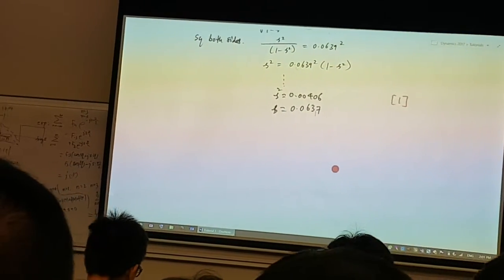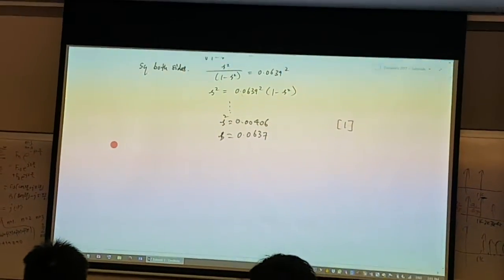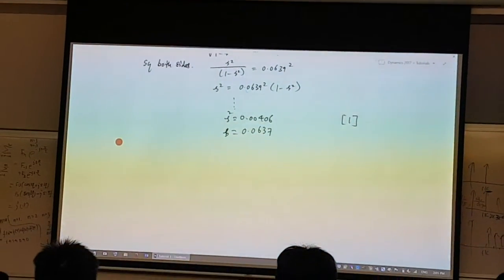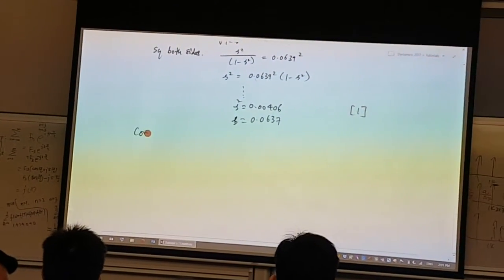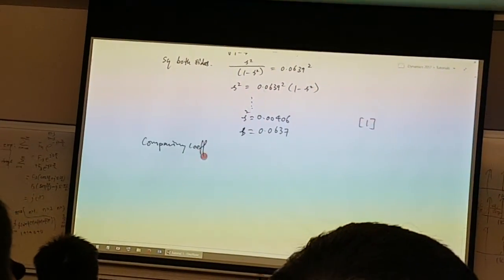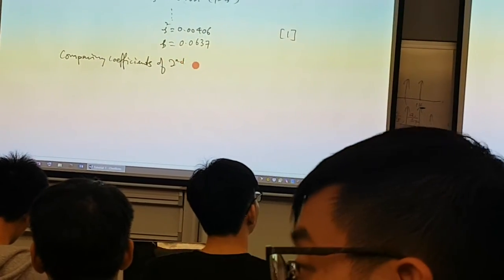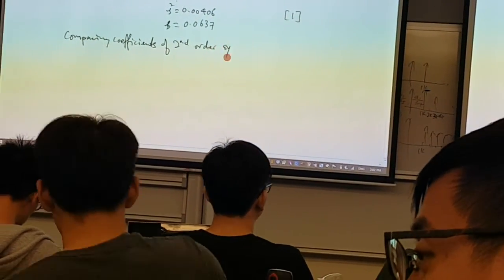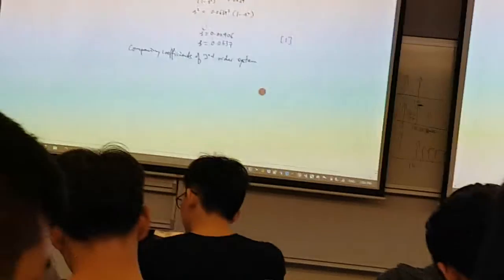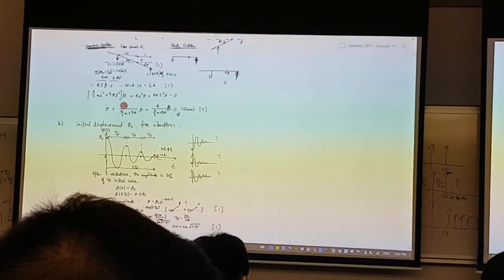So the next thing that we want, because the question wants us to find out what is the damping coefficient C. So in order to find that out, we'll do coefficient comparison. Comparing coefficients. This is second order. So what do I mean by that? You can see that we have this form over here.